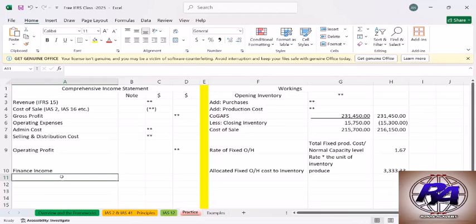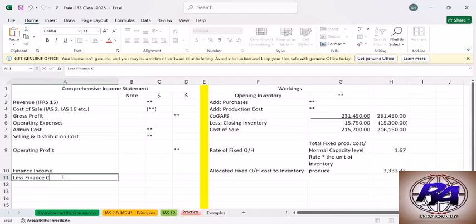It can be any form of income, like rent receivable and all other types of income, added to our operating profit, and we less finance costs. Finance costs have to do with all forms of interest on loans, interest on finance leases, interest on long-term liabilities, debentures.